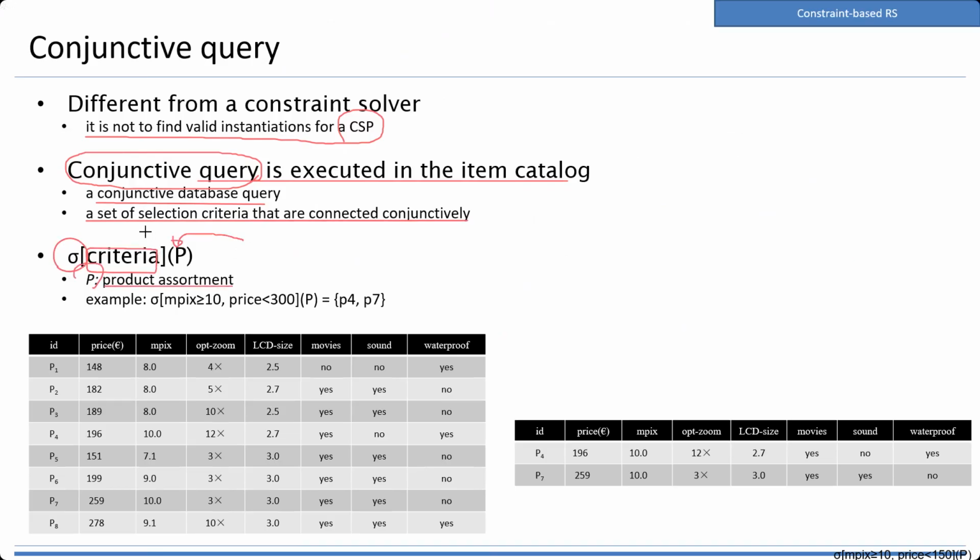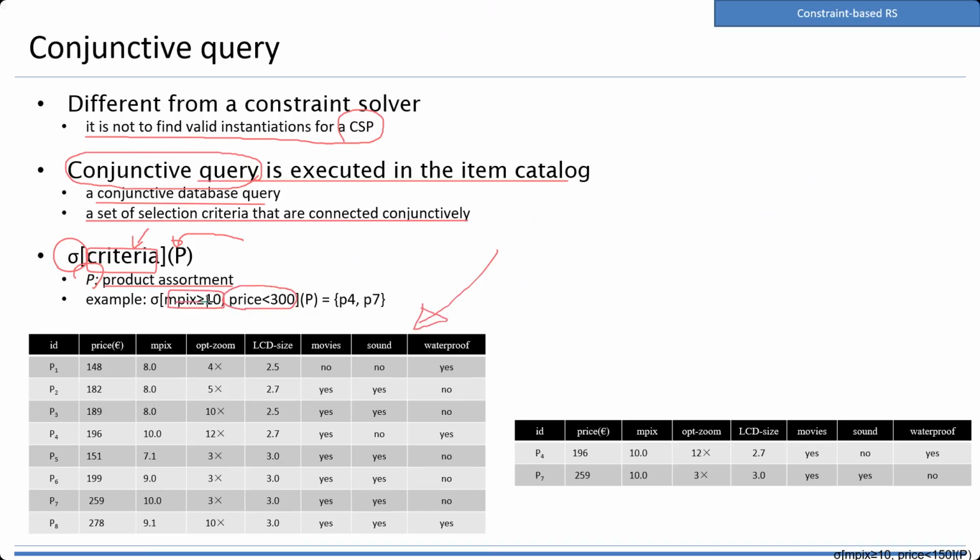And then let's say, what is the criteria? Okay, I would like to look at the products where the megapixel is higher than 10 and the price is lower than 300. So this is the conjunctive query. And we will look at the instances.